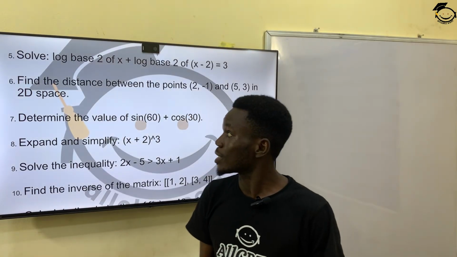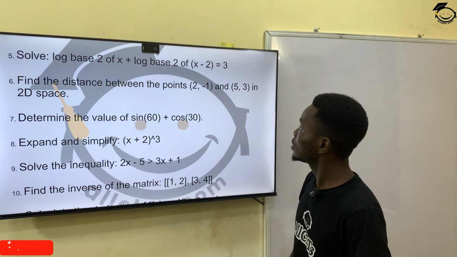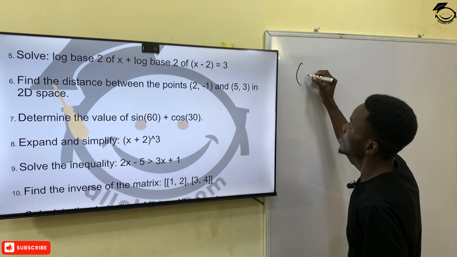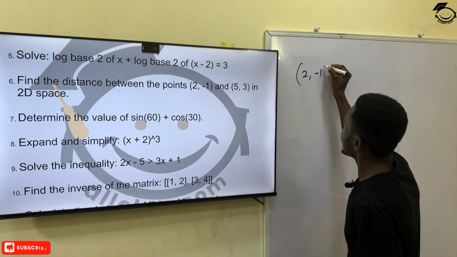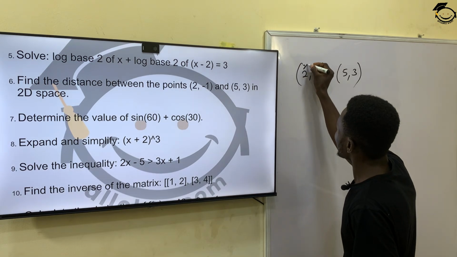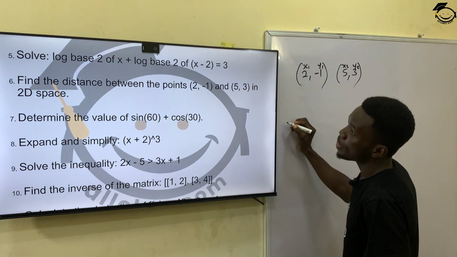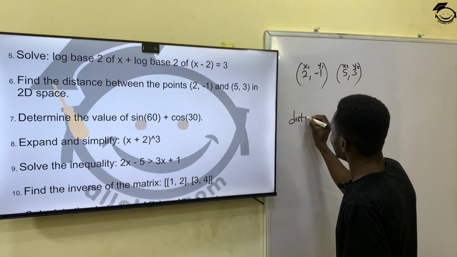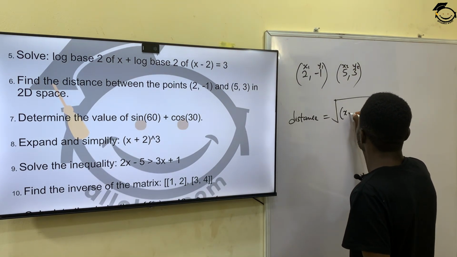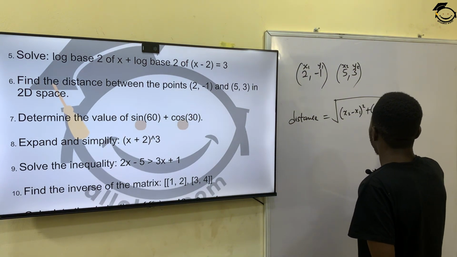That takes us to question number 6, which said find the distance between the points (2, minus 1) and (5, 3). So we are given this point (2, minus 1), and then I have (5, 3). So this first one here is x1, then this is y1. This is x2, and this is y2. So the distance is equal to square root of (x2 minus x1) squared plus (y2 minus y1) squared.